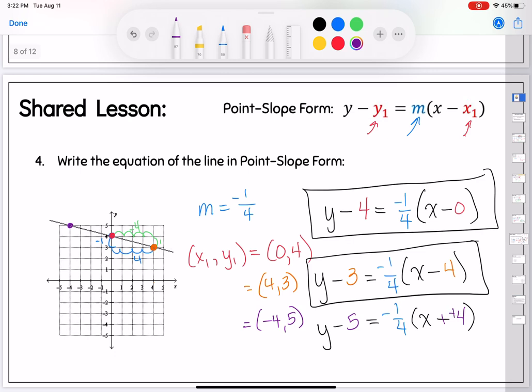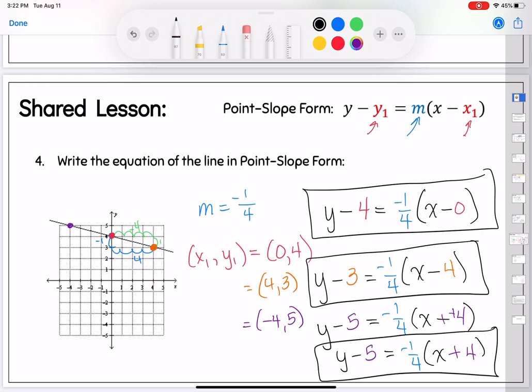So really this would be y minus 5 equals -1/4 parentheses x plus 4. But that's also a good possibility as an equation for this line. So again, an infinite number of possibilities. It all just depends on which point you choose to write your equation with.